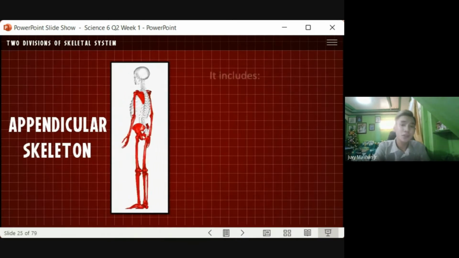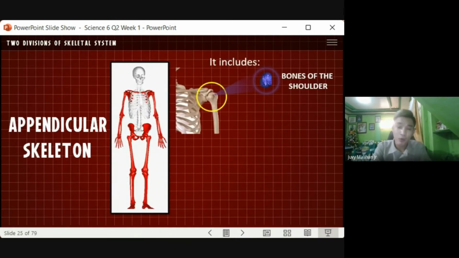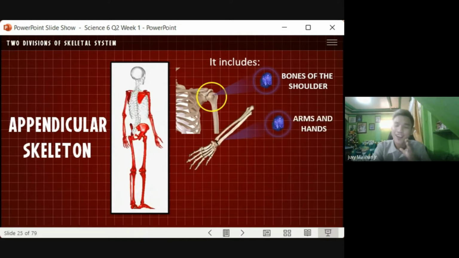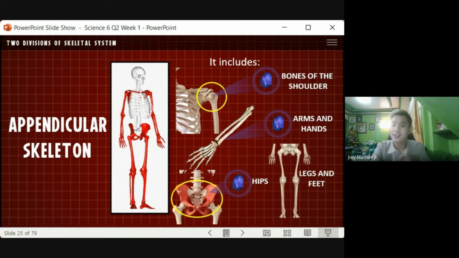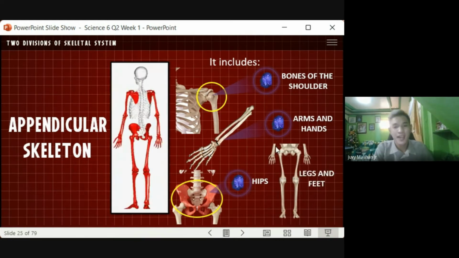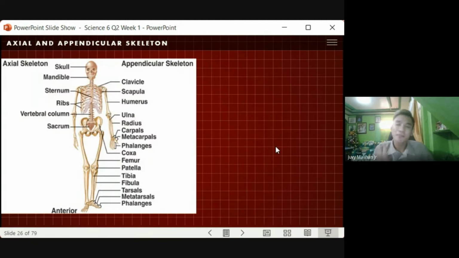Okay, and this includes the bones of the shoulder, arms and hands, our hips, and the legs and the feet. Okay, so these are the parts of the axial skeleton and the appendicular skeleton. So on the left side, class, are the parts of the axial skeleton, and on the right side, these are the parts of the appendicular skeleton.